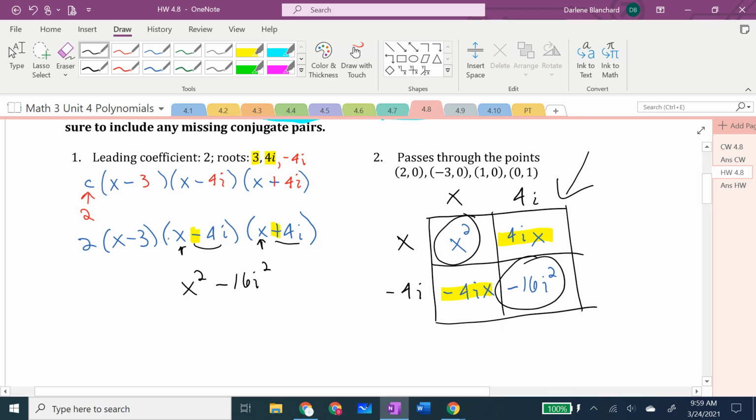Now that's just looking at these two. And then we're not done because you need to not leave i squared. You want to remember that i squared is equal to negative 1.